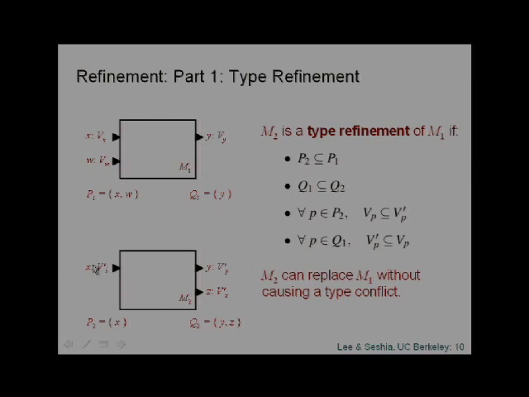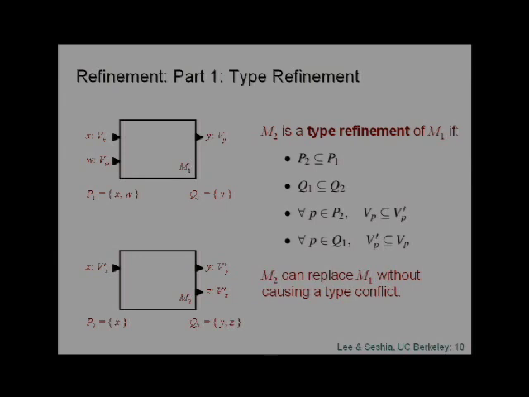So for every output port of this machine, the set of values of that output port is going to be a superset of the set of values of the replacement machine. Okay, so this means that if I plug in M2 for M1, any output value M2 will provide will be acceptable to the environment, right? So if for example this didn't hold, and let's say Y was Boolean, took 0, 1, and here this took 0, 1, 2, 3, and now you replace M1 by M2, and suddenly the output Y is 2, right?